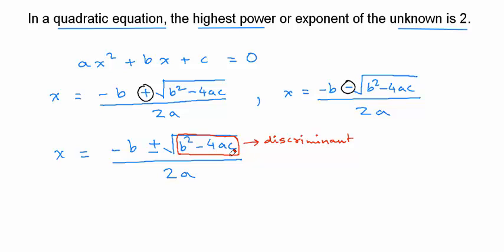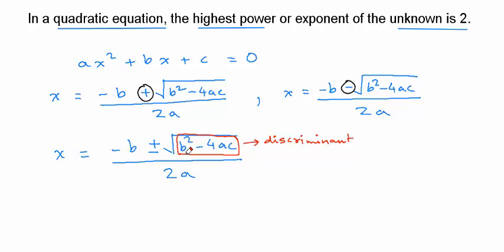Because it's a quantity under a square root, and you cannot have a negative quantity under a square root, if b squared minus 4ac is a negative quantity, you don't have a real answer for x, because you cannot find the square root of a negative quantity.